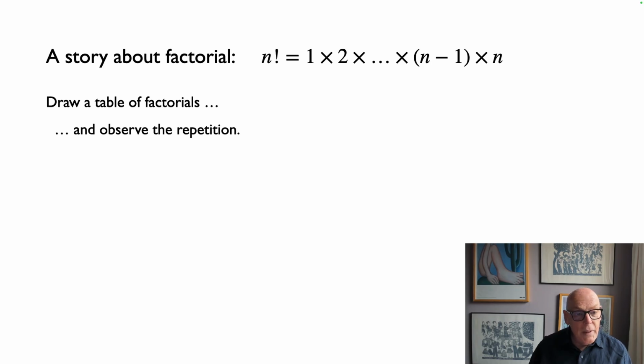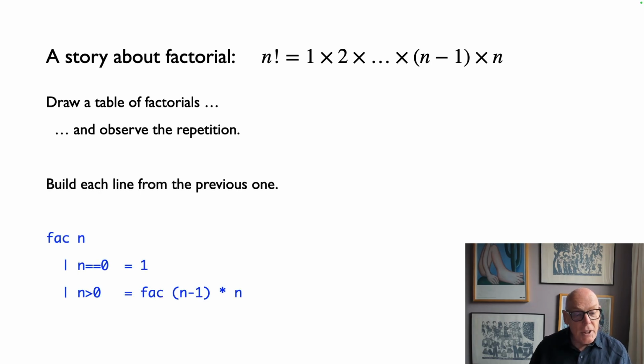So we've got the insight that we can build each line from the previous one, and we can turn that insight into a definition in Haskell, which says factorial of n when n is 0 has the value 1, otherwise when n is bigger than 0, it's the factorial of n minus 1 times n.